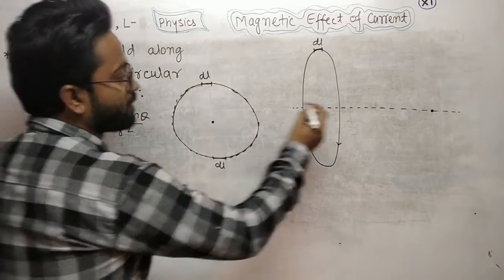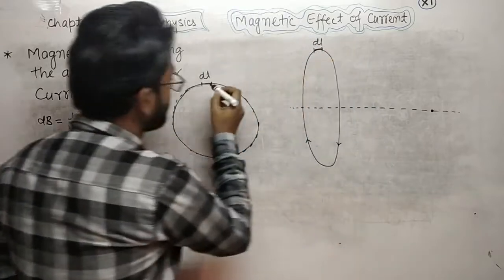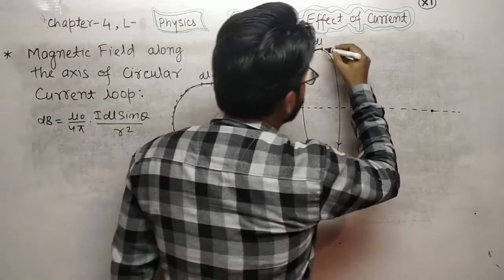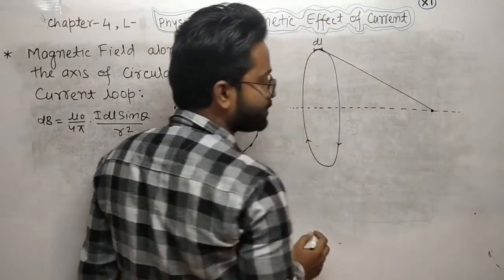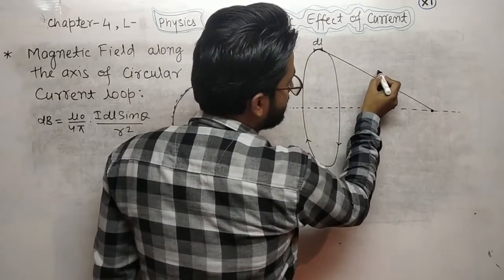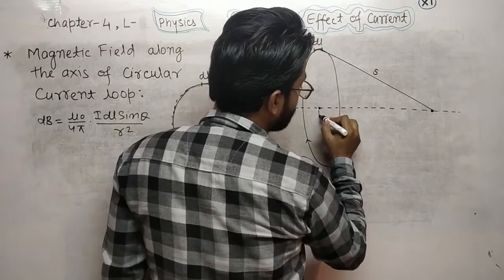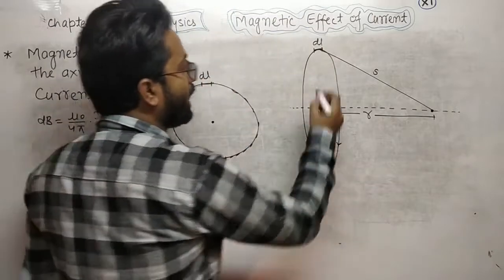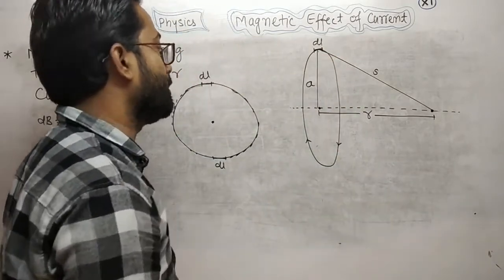Just join the dl element with that point. Let us suppose this is S, from the center this distance is r, and this is the radius. Let us suppose this is a.